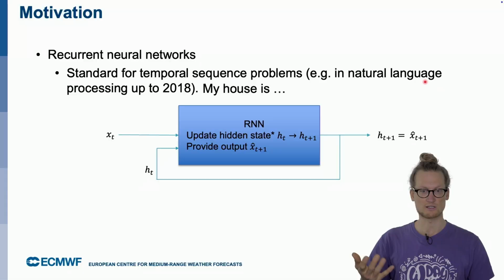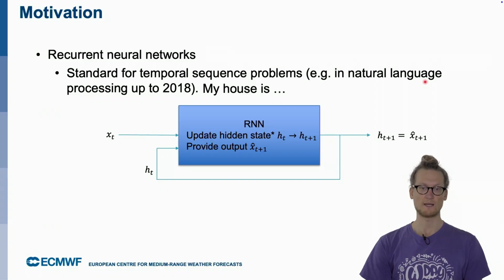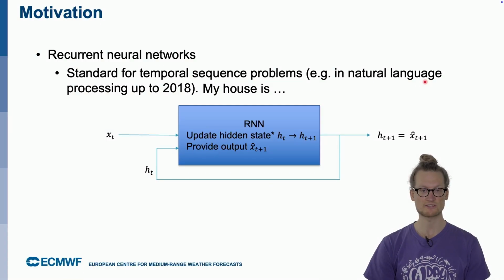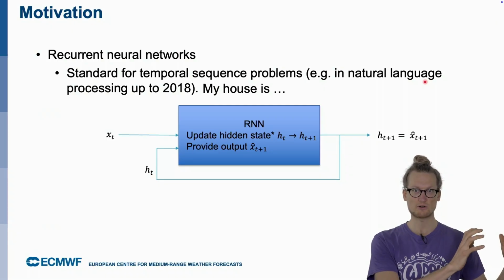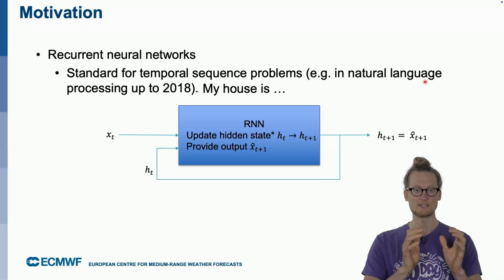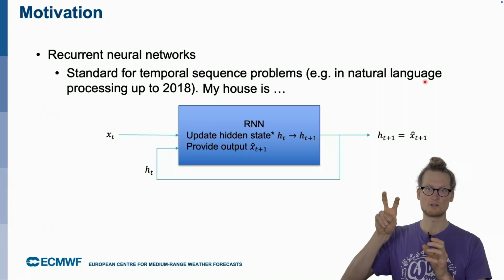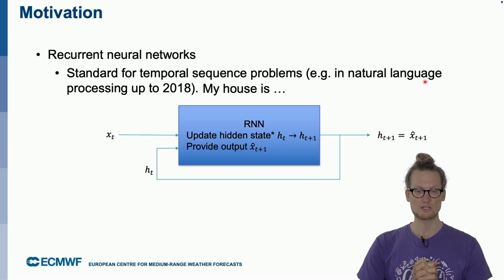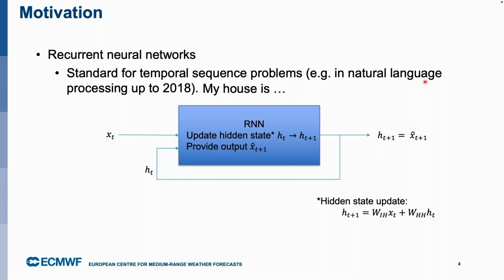And one powerful aspect of recurrent neural networks is that they aggregate all the information that they are seeing on the fly into a so-called hidden state, H. If you look a bit more carefully, H is a combination of the input X, which is weighted by some input-to-hidden weight matrix.